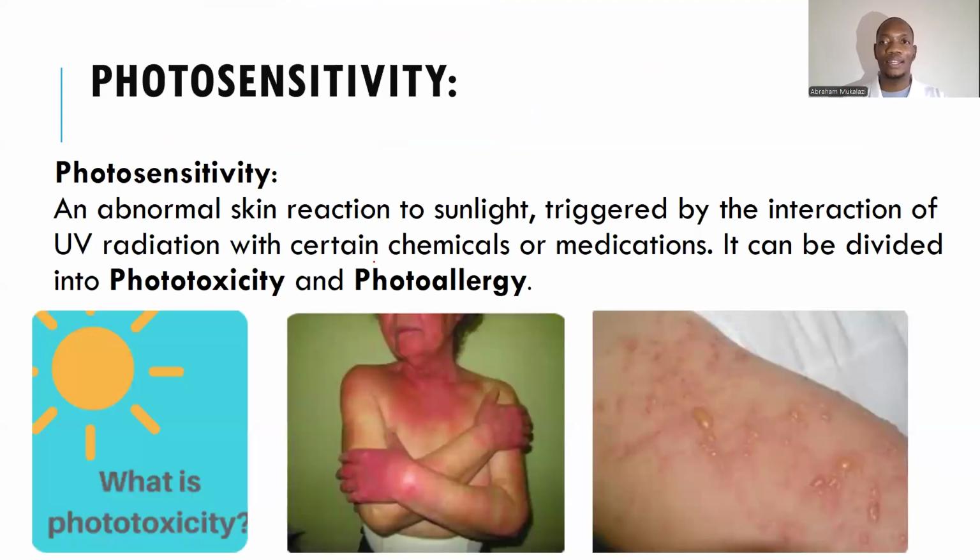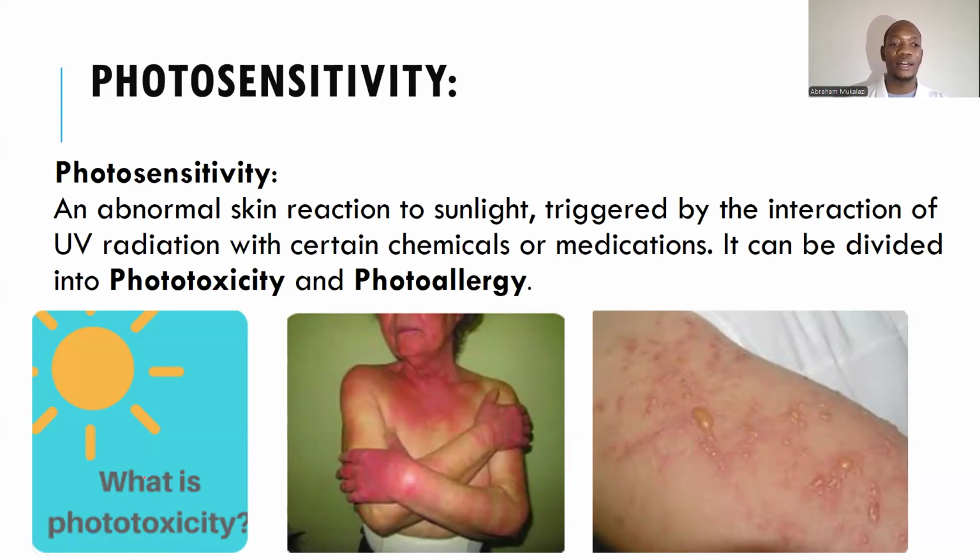Then we continue to the next reaction, what we call photosensitivity. In photosensitivity, someone can get a reaction because of the drug that you give. In this case, the drug can be a photosensitizer, causing either a toxic or allergic reaction.